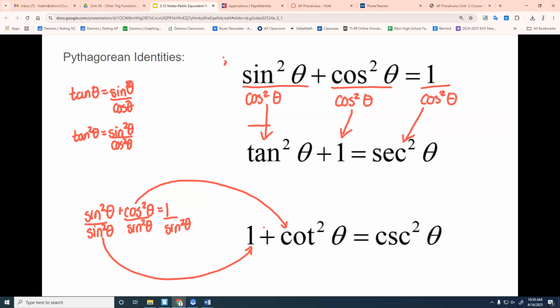Cosine squared over sine squared is cotangent. 1 over sine squared is cosecant. It helps some if you've got those memorized really well, but you can come up with those just from sine squared plus cosine squared equals 1.